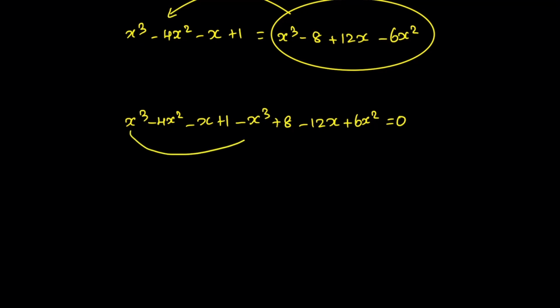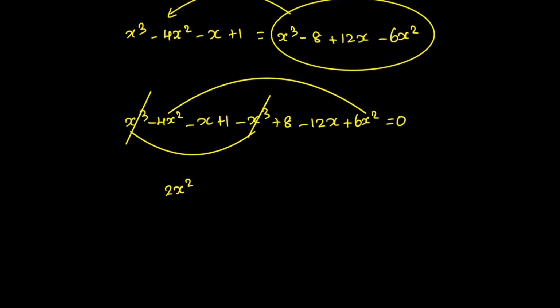Then combine the like terms. So this part is cancelled. And minus 4 plus 6 is equal to plus 2x square. Then the next part is minus 1 minus 12, so that is equal to minus 13x. And the constant part, 1 and 8 is 9.